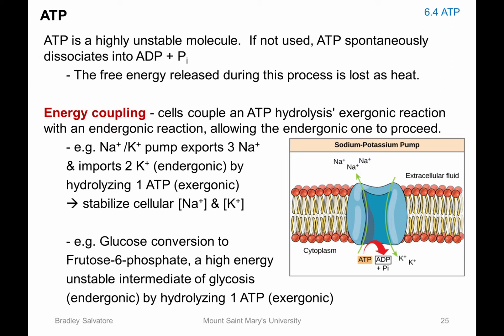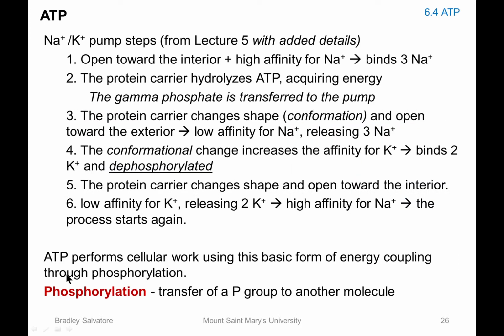You will see that in chapter 7. And so again, you see that exergonic process of hydrolyzing an ATP and an endergonic process of this conversion, and you're coupling them together to create a reaction where you're using energy from one process for the other process that requires energy.